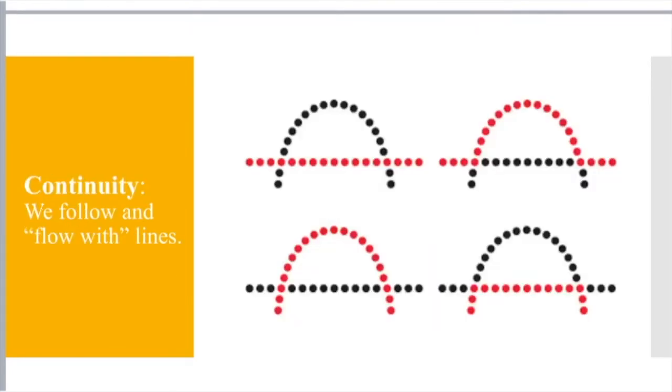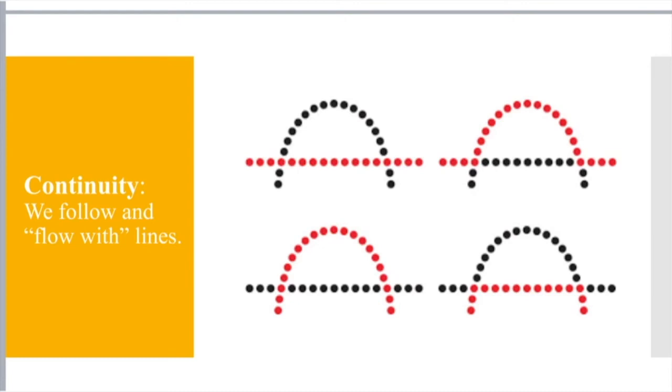The next one then is continuity. We referenced this one a little bit already, but this is the idea that we follow and flow with lines. So here, you can see that this is a continuous line, right? But this could also be a continuous line. We don't view it that way because of our understanding of continuity, but having the colors gives us insight, and it says, okay, this is one continuous line.